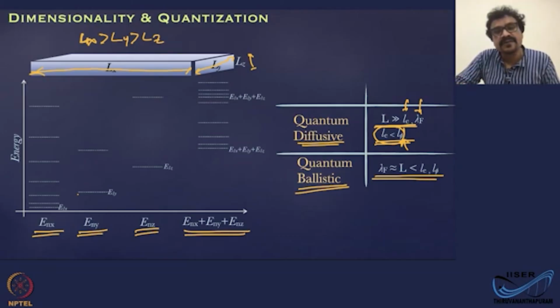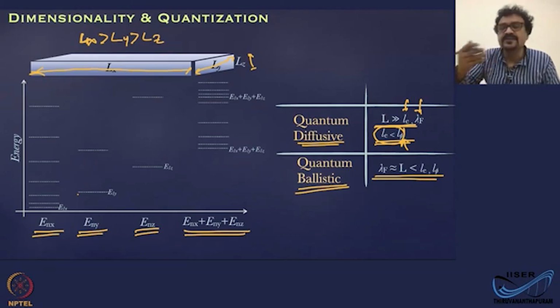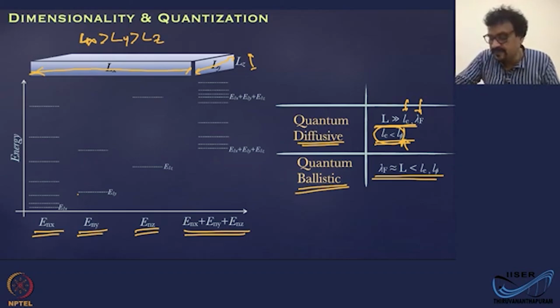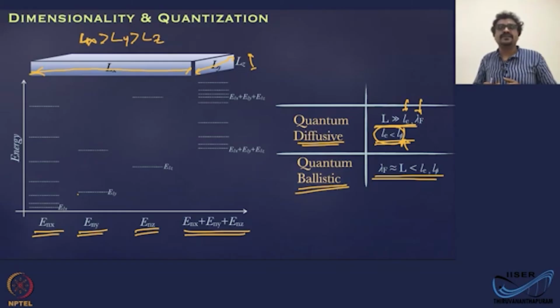Now, the elastic mean free path and all the scattering lengths depend on the frequency of scattering events, which is basically decided by the mobility of the system, because mobility is high when there are fewer scattering events. There is more time for these charge carriers to travel through the system unaffected.